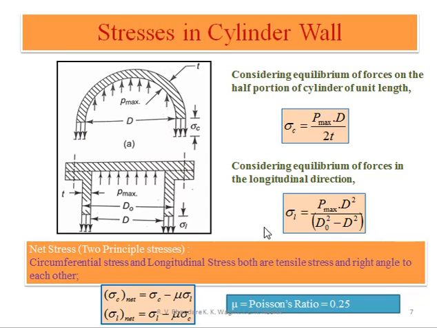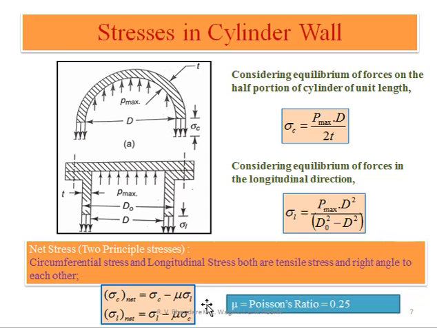So in this way we calculate sigma C and sigma L, and as we know, both these stresses are at right angles to each other, not in the same direction, they are perpendicular to each other. So from this we calculate the net stresses. Sigma C net, the net circumferential stress, is sigma C minus mu into sigma L, where mu is Poisson's ratio.